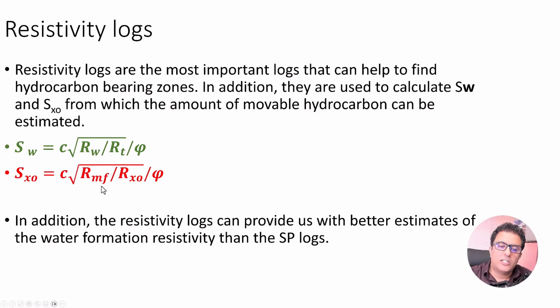One of them is RMF, or the resistivity of mud filtrate, and the other is RXO, or the resistivity of the flush zone. And as you're going to learn here, using resistivity logs, we are able to obtain these four important resistivities.